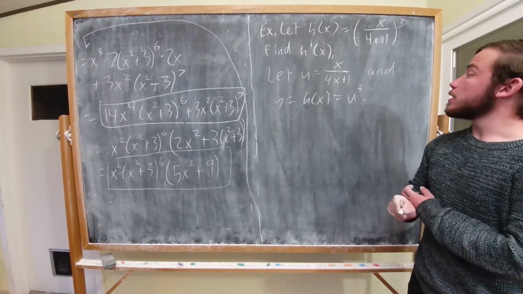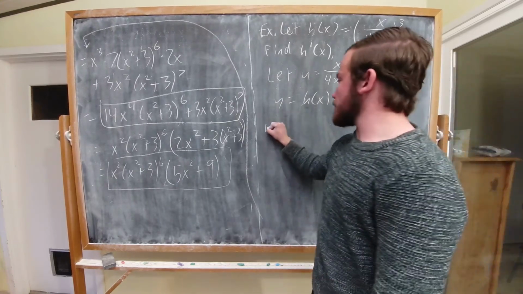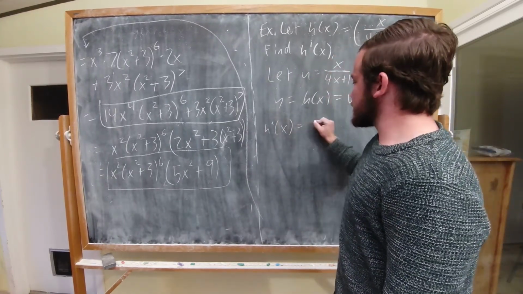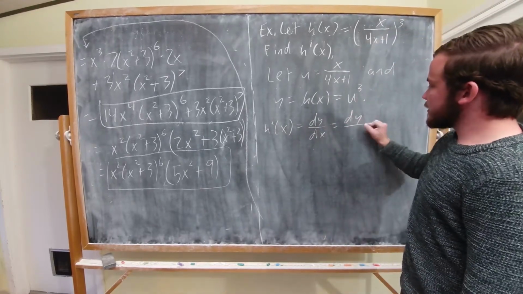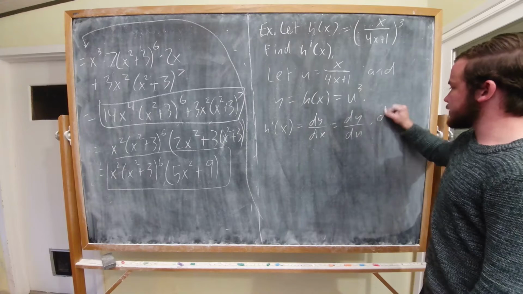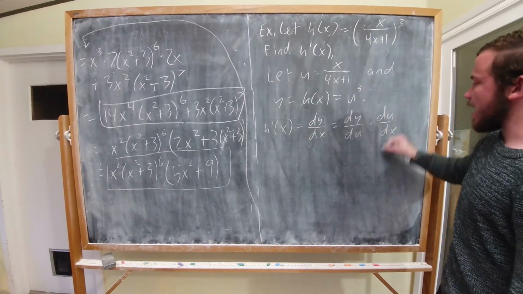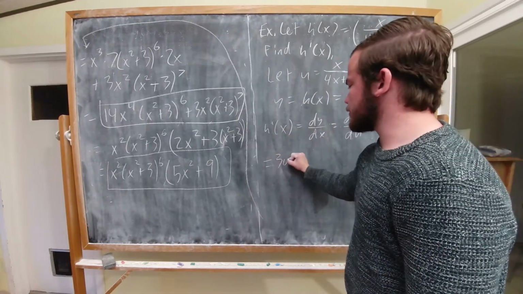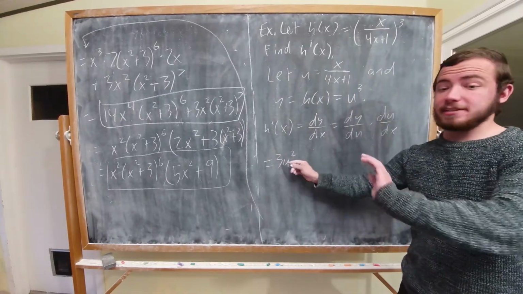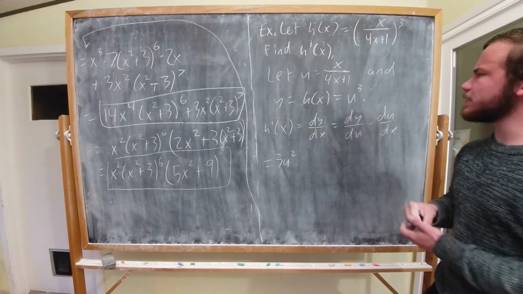Great. Well, now h prime of x is dy dx, which is dy du times du dx. dy du is just 3u squared, so that's all nice and easy. That part, done. Now we just need to find du dx.